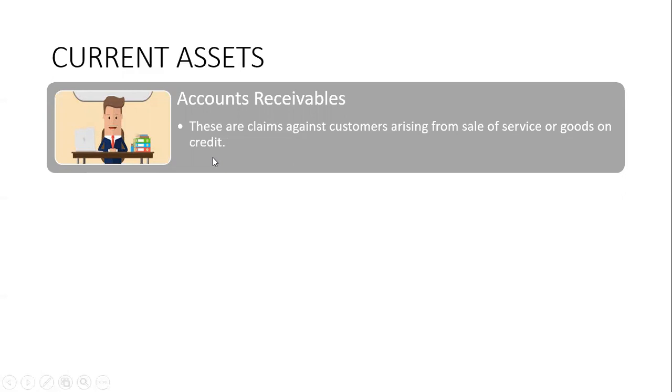So pag si customer nangutang, ang tawag sa kanya is accounts receivable. Pero pag si customer nagbigay ng promissory note, ang tawag sa kanya is notes receivable. Okay? So see the difference ng accounts receivable at saka notes receivable.